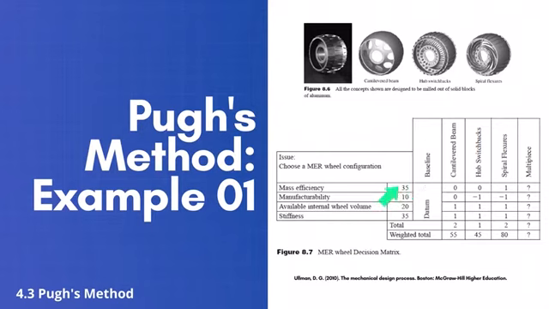If you add these 4 criteria, the weightage 35 plus 10 plus 20 plus 35, the total is 100.